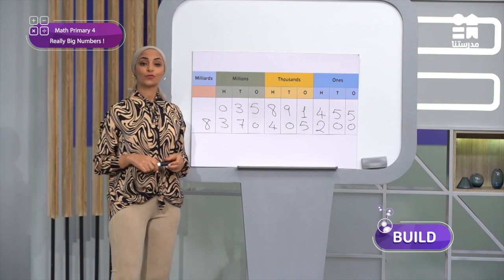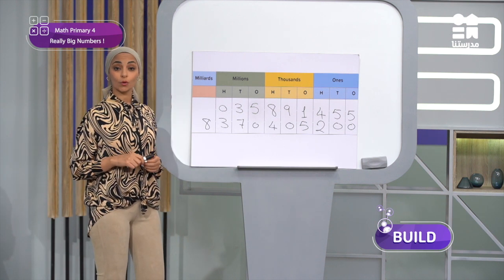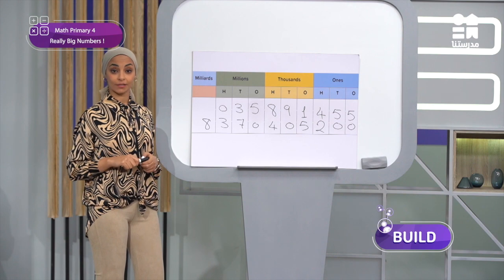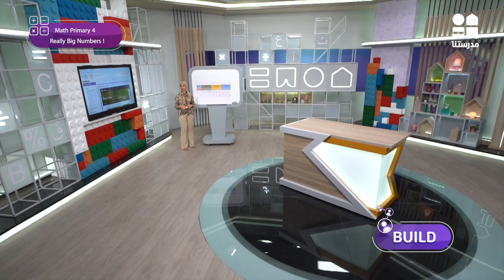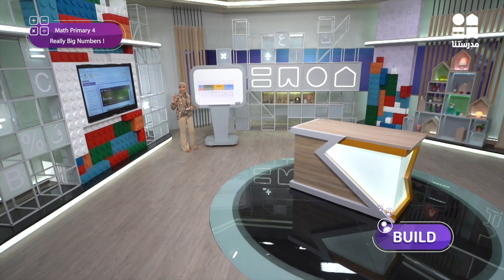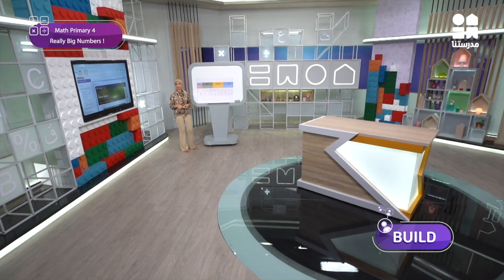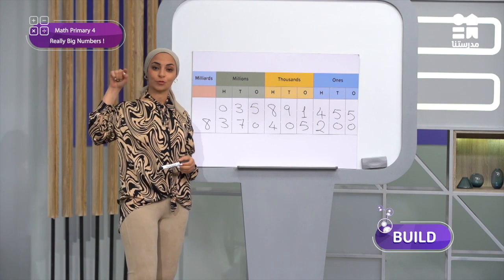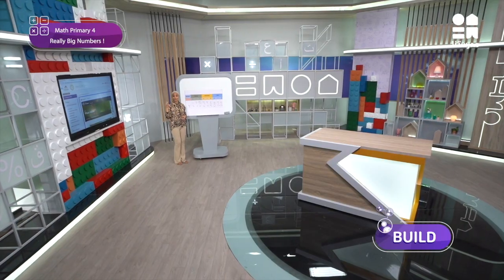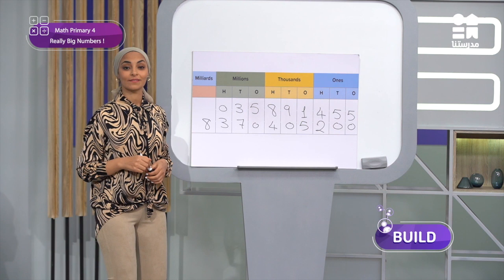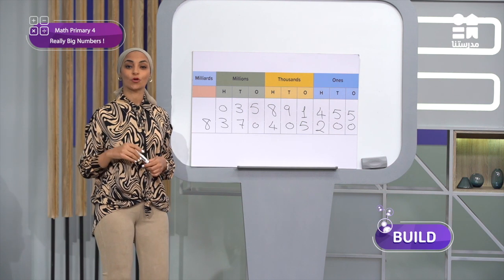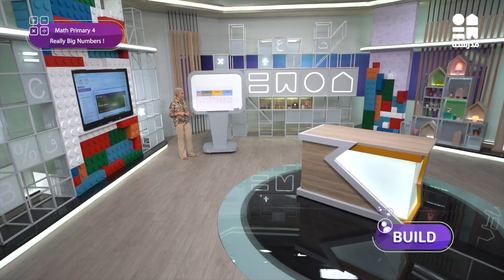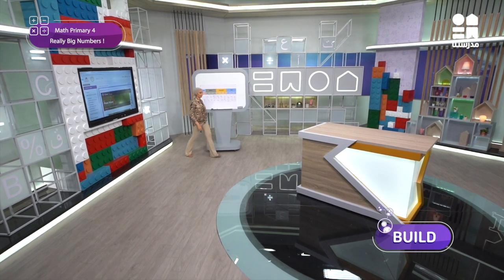I'd like you for now to take a quick look at the lesson learning targets. As we'll always do, I'd like you to put a star next to the learning target you think you understand very well. If we understood something very well, we'll put a star beside it. And draw a circle around the learning target that you think you need to practice more or to learn more about.